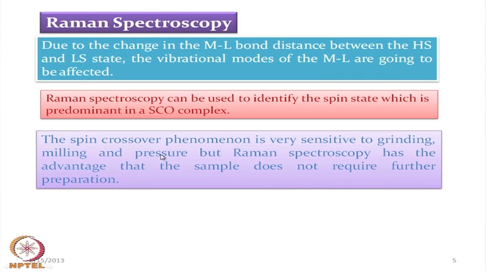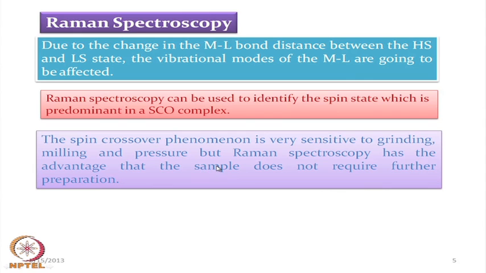So, we grind it with KBr during FTIR measurement, then we go for the milling and the pressure. During these processes our compound might change from one spin state to the other. The advantage of Raman spectroscopy is that such sample preparation, which we use for FTIR, is not required.